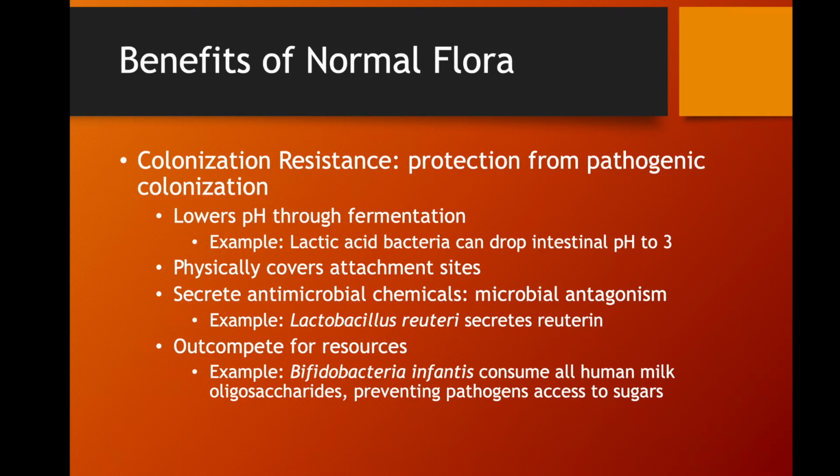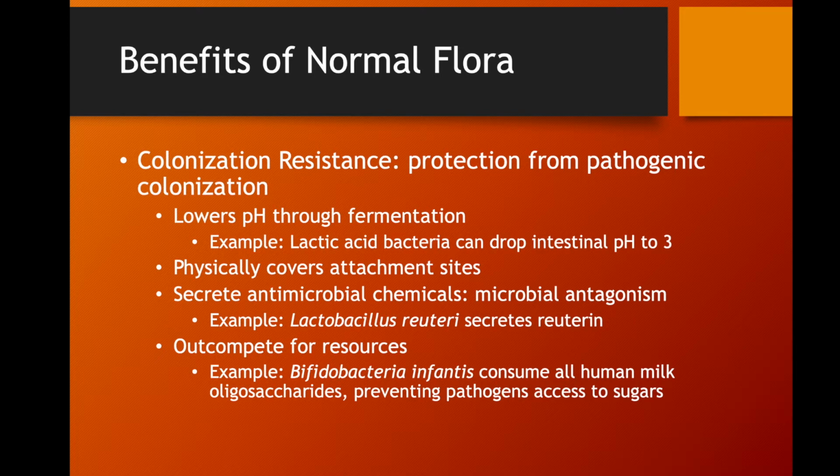That second one physically covers attachment sites. That should be pretty self-explanatory, but really microbes are just like any other organisms on our planet. They need a physical place to set up shop, to bind to on the surface of our epithelium, whether that's your skin, your respiratory tract, your digestive tract, and from there to replicate and make more copies of themselves.